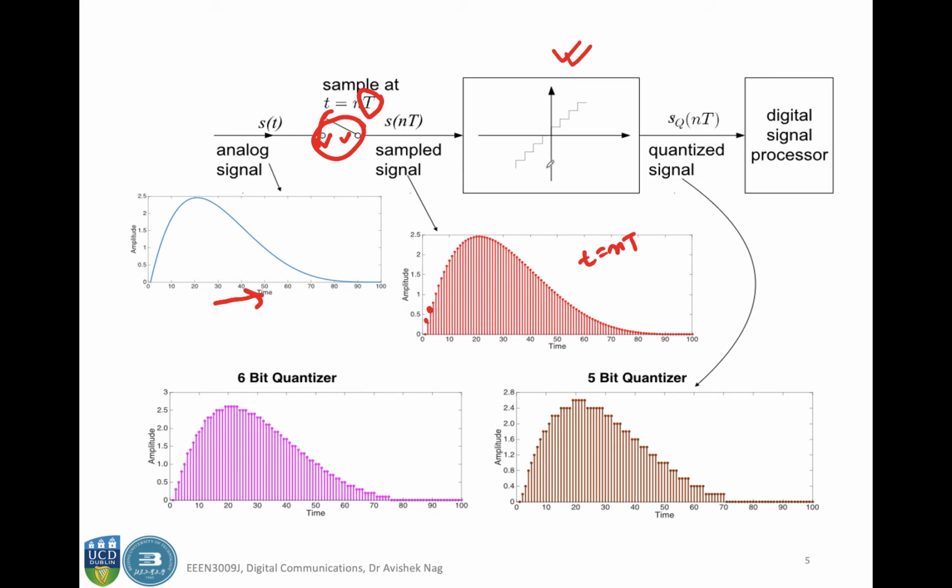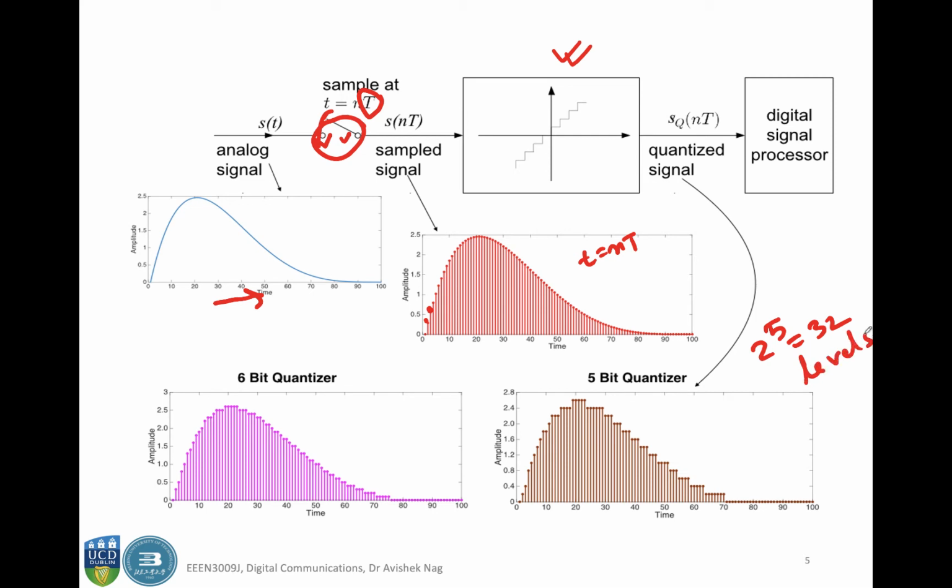What it basically means is that it approximates these sampled signal levels to a finite set of values. Let's say I choose a 5-bit quantizer. A 5-bit quantizer means I have 2 to the power 5, which is equal to 32 levels.